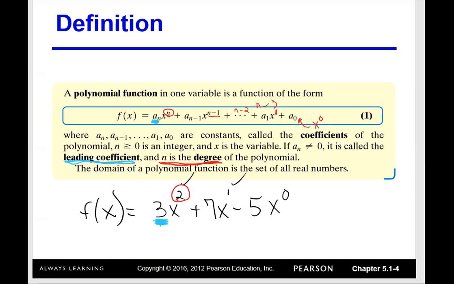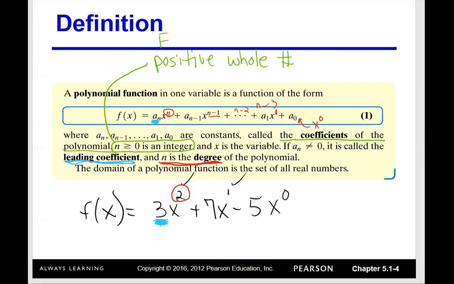When they say, I'll use a different color here. When they say the exponents have to be some number n that's greater than or equal to 0, an integer, they're saying positive whole number.